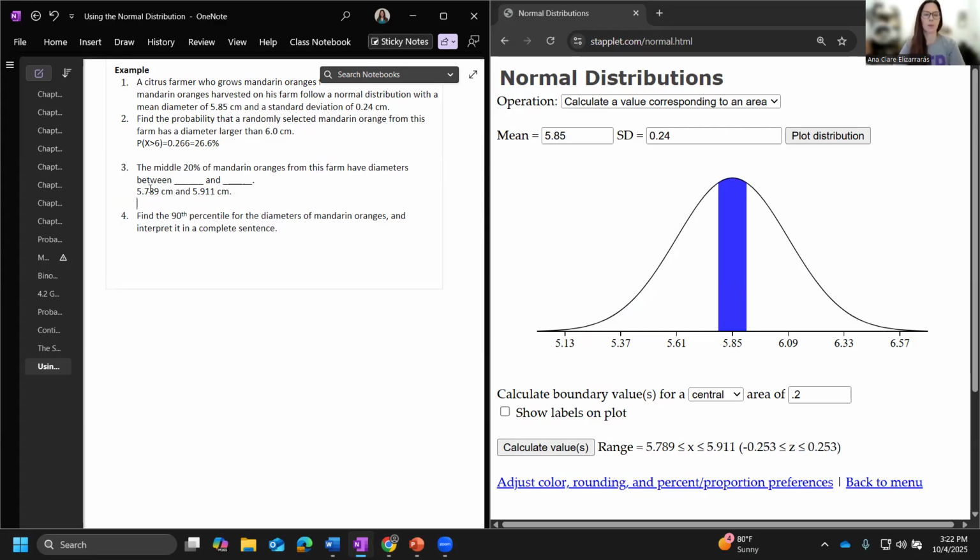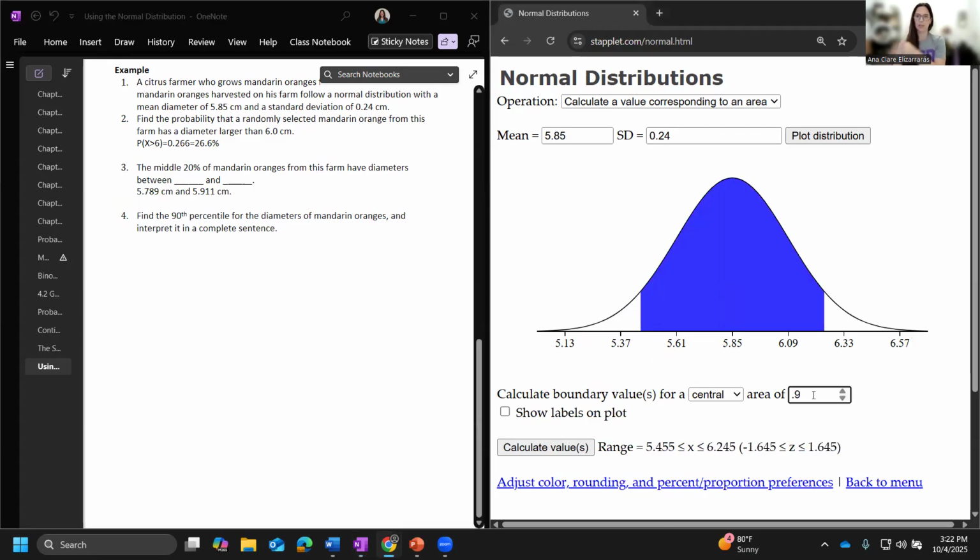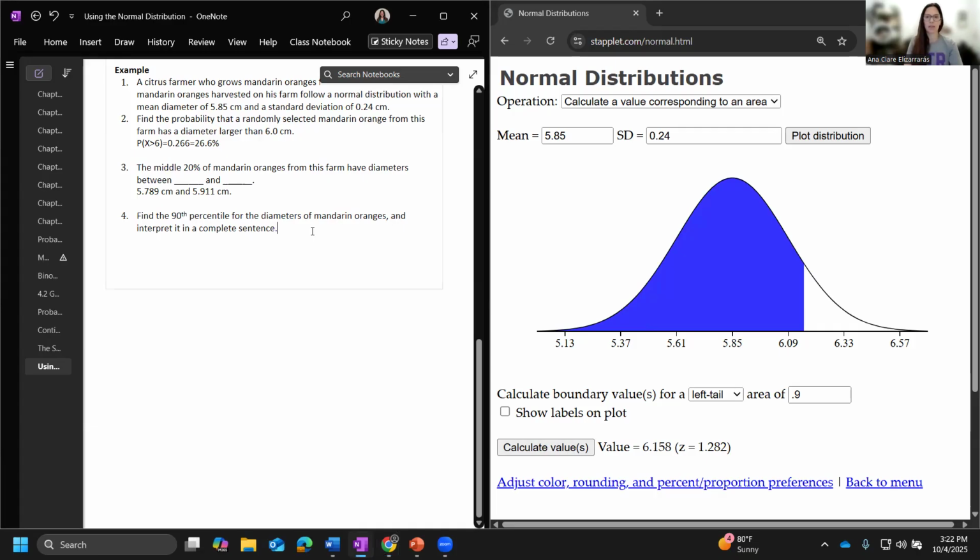Okay, what about the last one? Find the 90th percentile. We're in the right area, but we're not using the right function. 90th percentile does not correspond to a confidence interval. 90th percentile means from that down. So I need to the left. And everything to the left of the 90th percentile has a value of, the maximum of that is 6.158 centimeters.